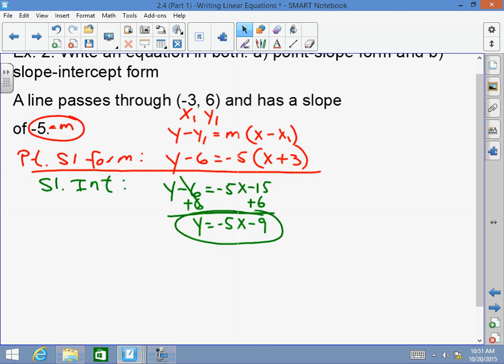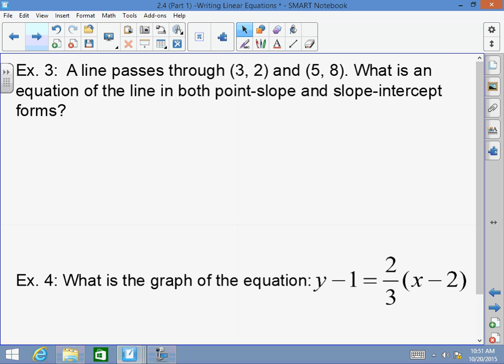All right. What happens here, though? Oh, a little different. A line passes through 3, 2, and 5, 8. What is the equation of the line in both point slope form and slope intercept form? What do we have to do here first, my brother? Find the slope. So this is x1, y1, x2, y2.